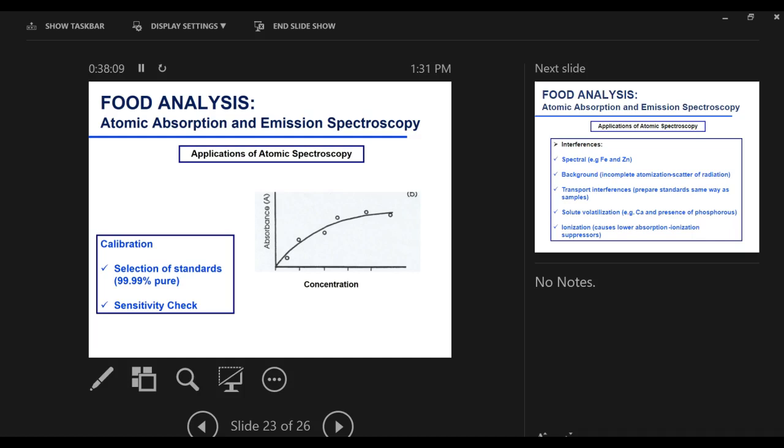You want to make sure that you have a linear standard curve. Every element requires a different concentration to get that linear portion of the curve, so that we can apply the linear equation of the line to predict the concentration.